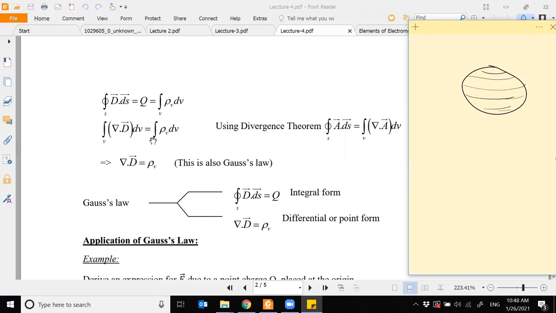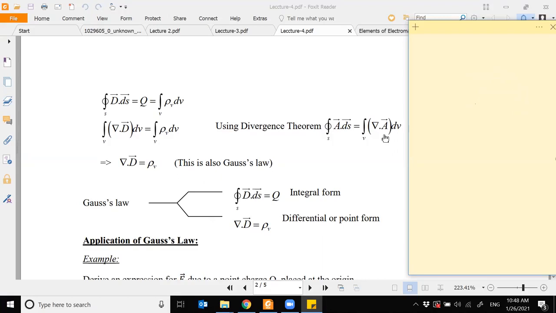Now both of them are volume integrals. Therefore the inside terms must be the same. Therefore del dot D must be equal to rho v. And this is also Gauss's law. But since this is based on divergence, which is differential, we say this del dot D is the differential form or the point form of Gauss's law, and the closed surface integral D dot dS equal to Q is the integral form of Gauss's law.